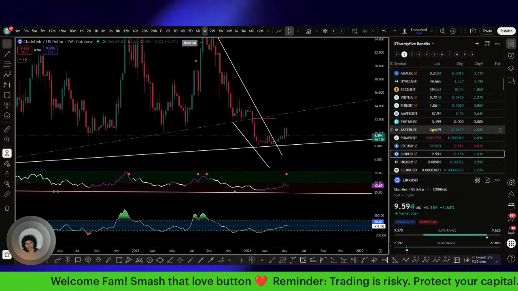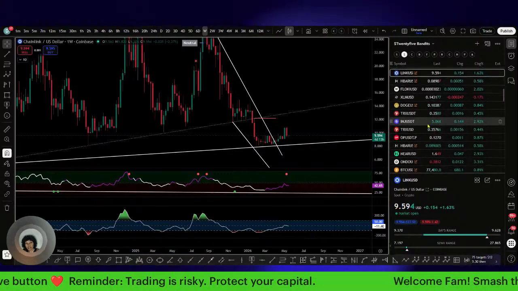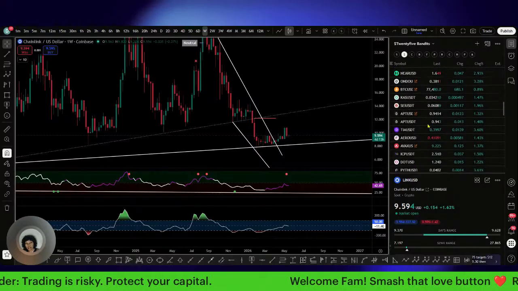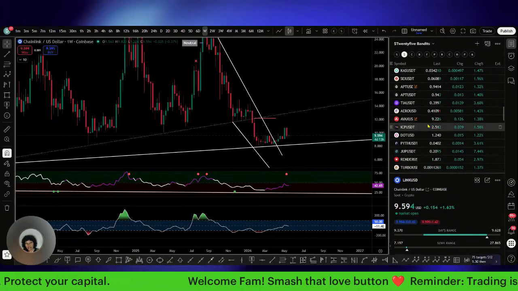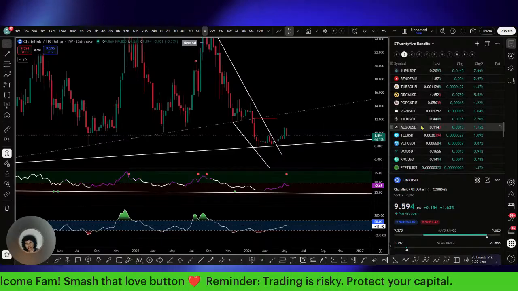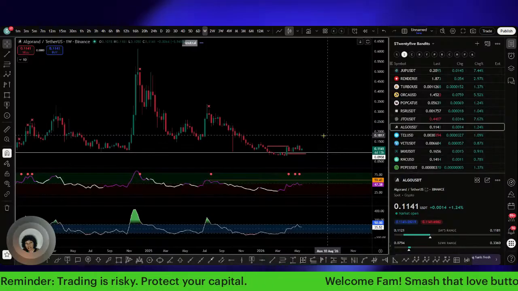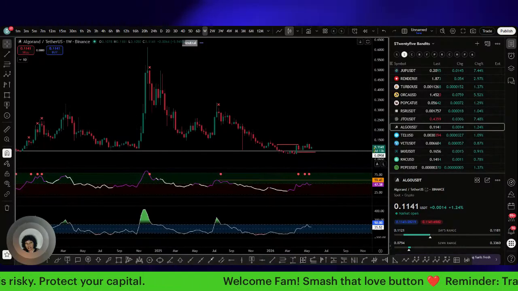I heard about who got listed? Algo. So Algo got listed on Robinhood. Not that I think that it's the end all be all, but it was Algo that got listed on Robinhood.